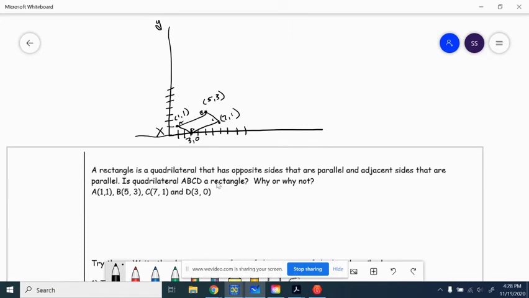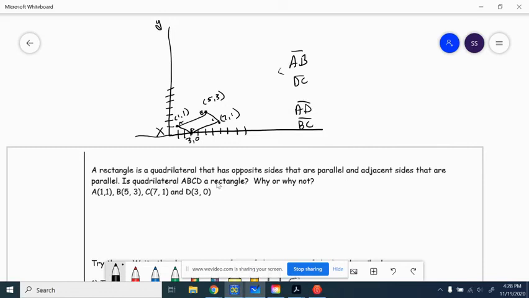Okay, so basically what we need to recognize is that in order for this to be a parallelogram, segment AB and segment DC have to be parallel, as well as AD and BC.